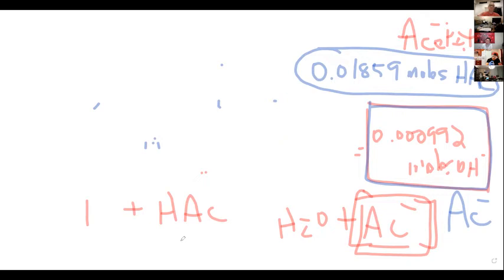Professor, I got a different answer when I multiplied 21 by 0.0885 moles over 1,000. Okay, let me try that again. 21 times 0.0885. Oh, two zeros, right? Yes. It's really easy to make a mistake of a factor of 10.